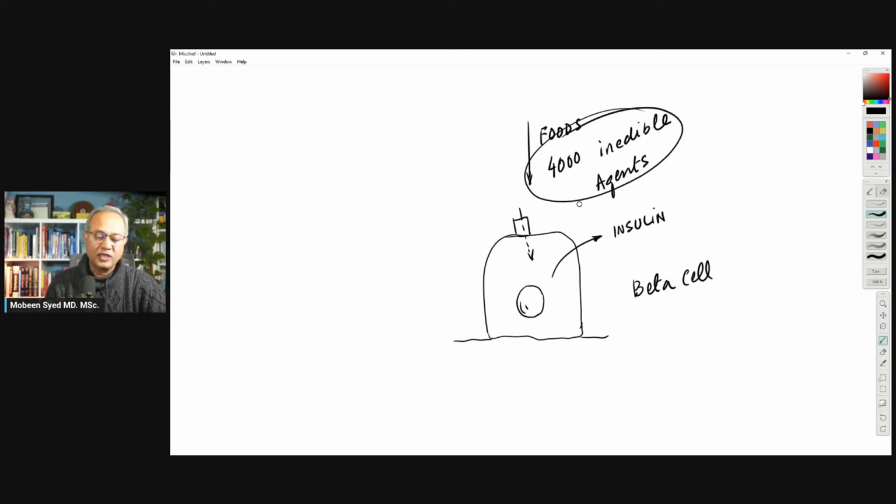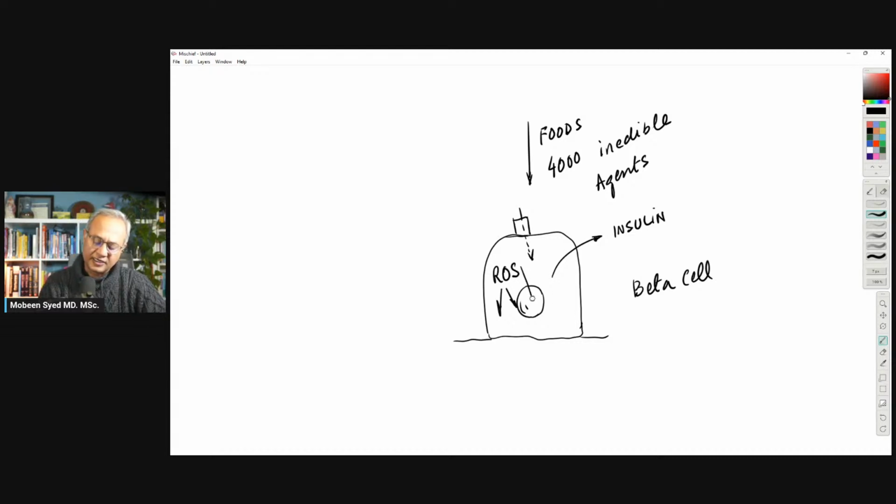These agents, when they enter the beta cell, what they do is they cause irritation. They cause reactive oxygen species production. Reactive oxygen species production would in turn agitate this cell. How would that do it? Number one, these reactive oxygen species are like little bullets that are going to hit various parts of the cell and the enzymes of the cell.